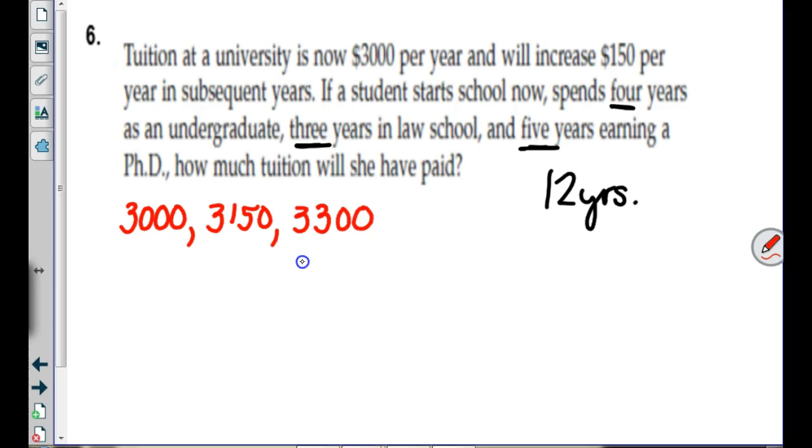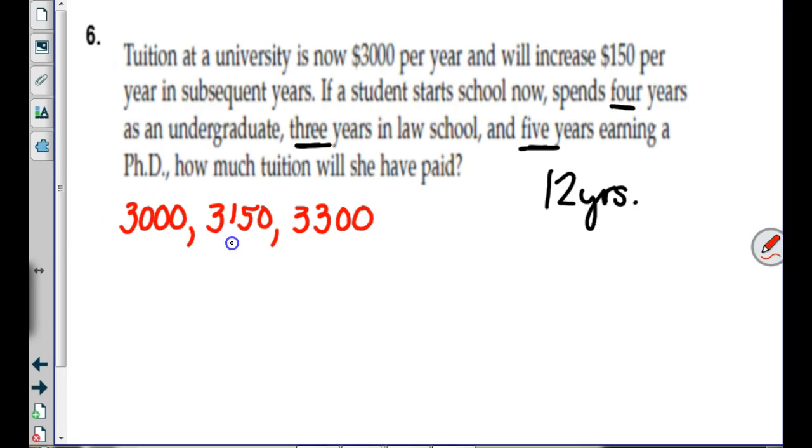What percent is that, by the way? 150 divided by 3,000? 5% it's going up. That's a pretty reasonable guess that tuition would go up 5% every year. But 3,000 is just cheap to start with for this question, right?